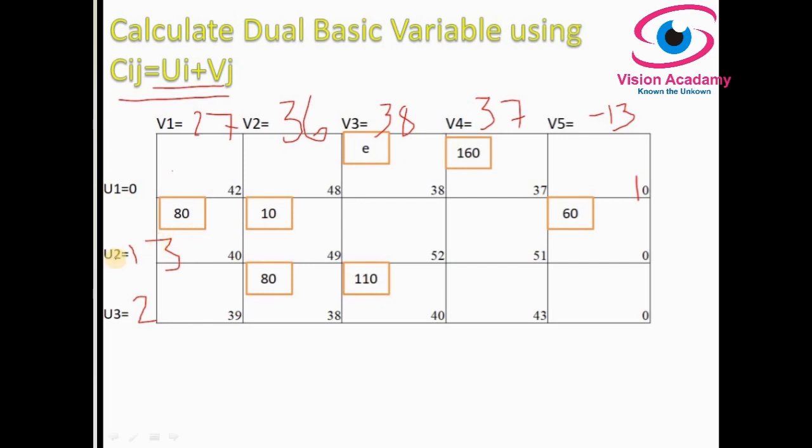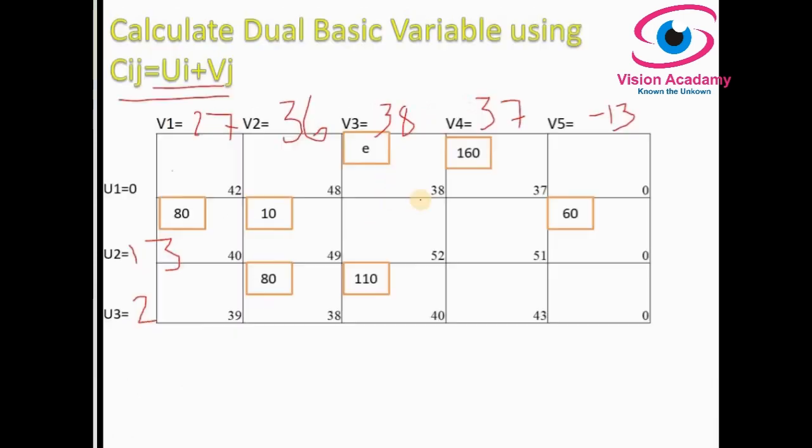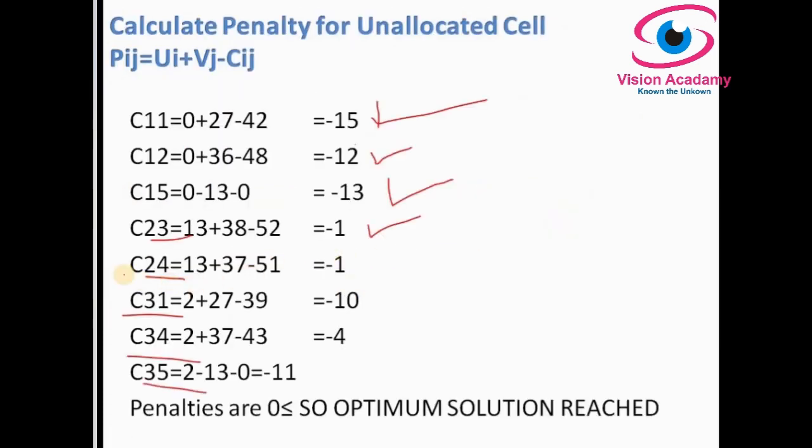C23: the u2 value is 13 and the v3 value is 38. So 13 plus 38 is 51, minus 52, so it is minus 1. And C24: the u2 value is 13 and v4 is 37. 13 plus 37 is 50, minus 51, that is minus 1.